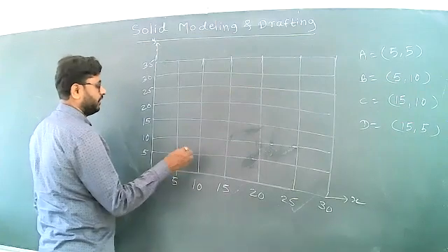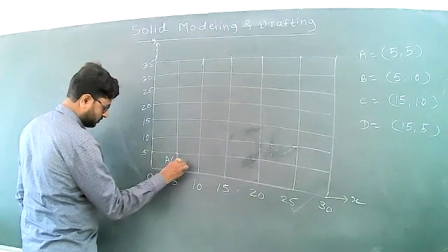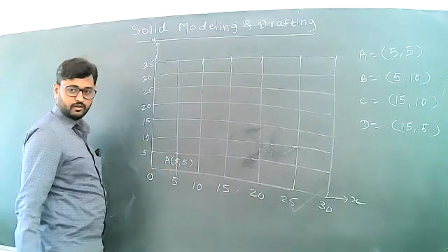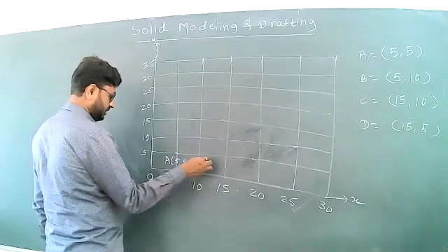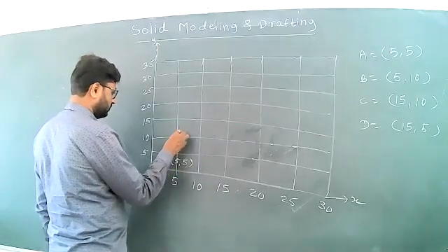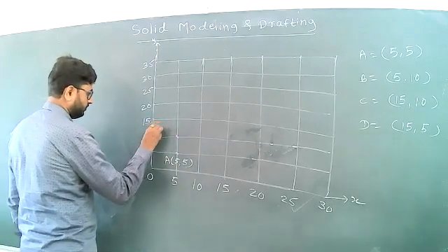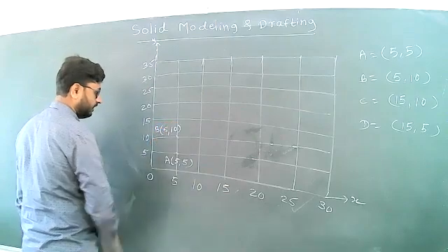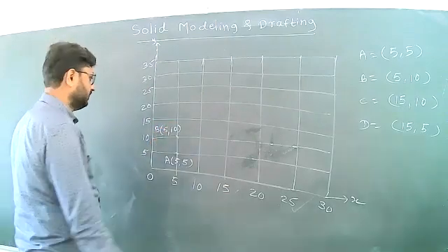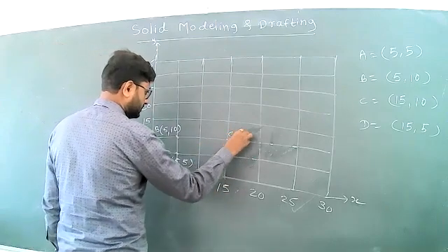Point A is 5, 5, here. Point B is 5, 10: x is 5 and y is 10. Point C is 15, 10, where x is 15 and y is 10.